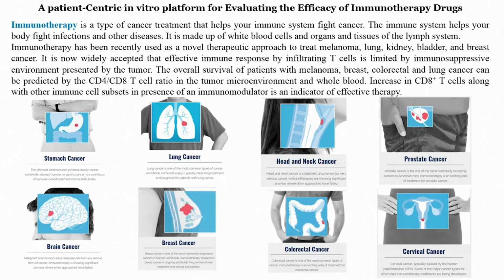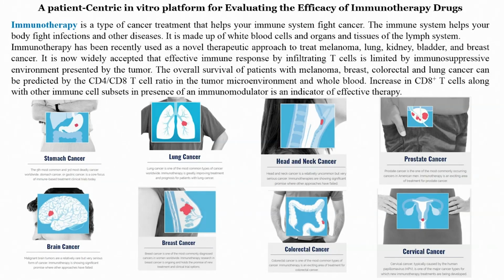Head and neck cancer, of which oral cancer is a part, is a relatively uncommon but serious cancer. Immunotherapies are showing significant promise where other approaches have failed. So, immunotherapy is showing a promising result.